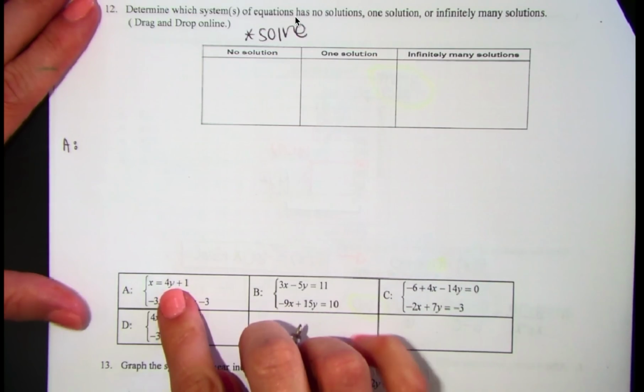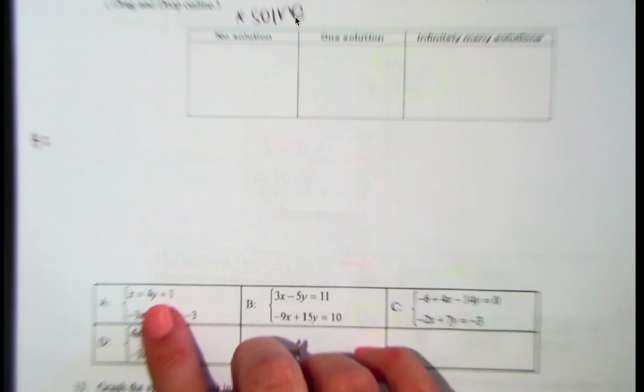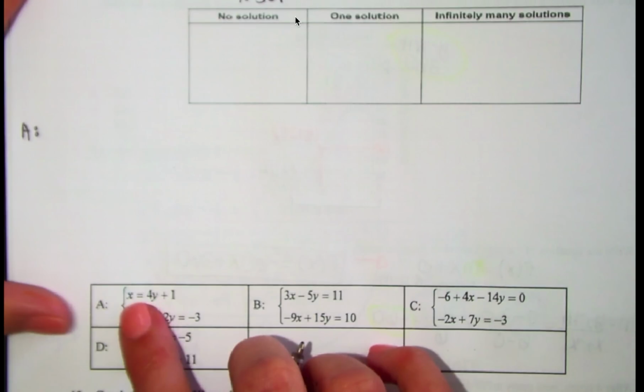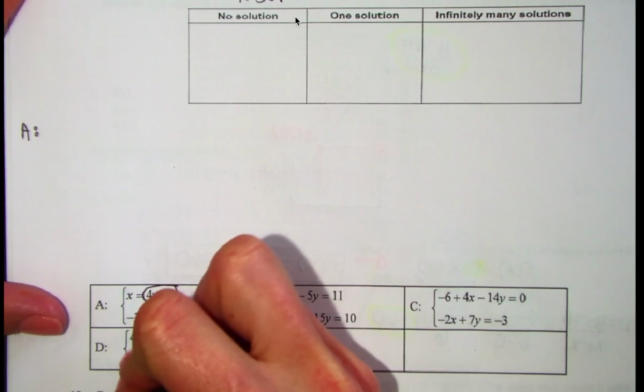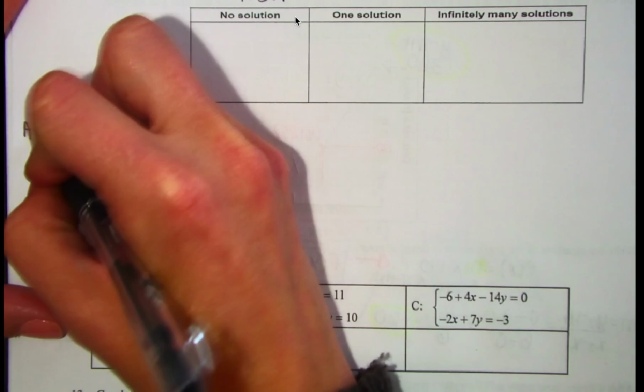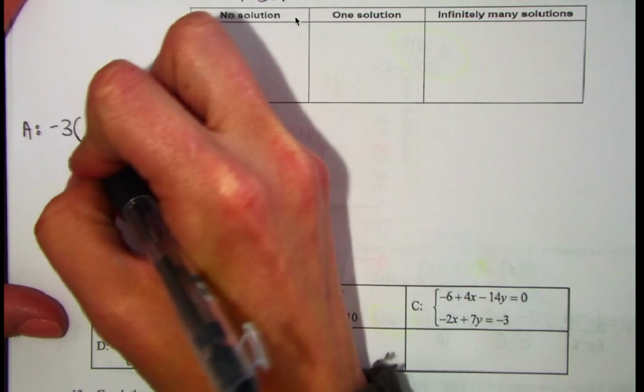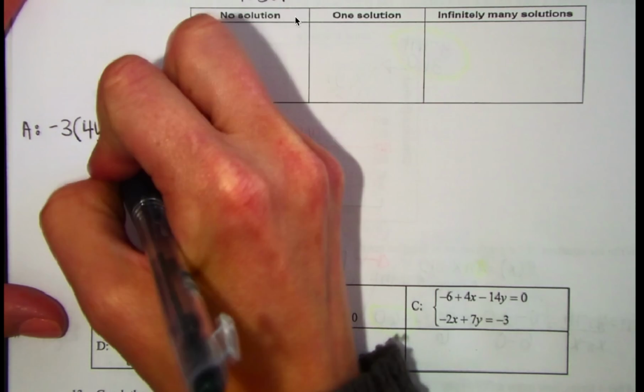For part A, I'm going to use the substitution method for solving because x is isolated. I'm going to take 4y plus 1 and plug it in right here for x. When I do that, it's negative 3, then parentheses, replace x with 4y plus 1, plus 12y is equal to negative 3.